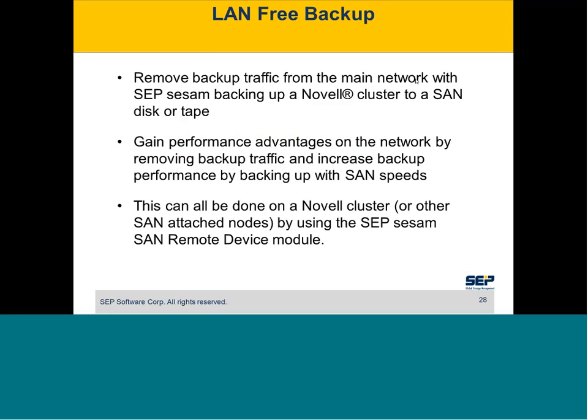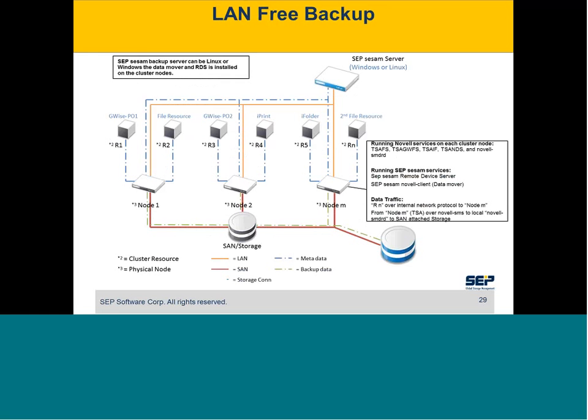We can also do LAN-free backup. So we were talking about that before. In this case, we're going to actually take the traffic, move it to network storage that we have attached on the SAN. The difference here is we still have our Windows or Linux server sitting up here. All of our backup data is now going to be going to a separate disk on our SAN.